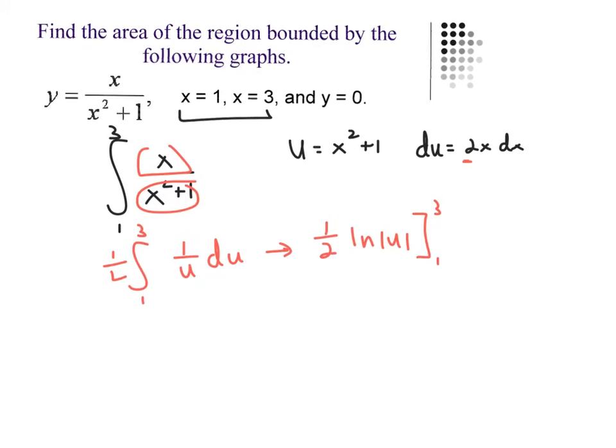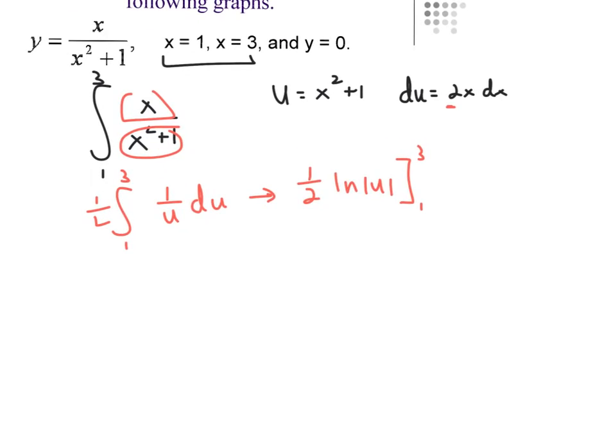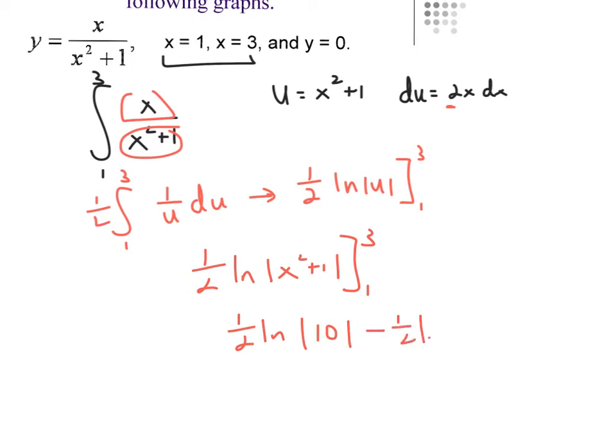Now I can substitute U back in, so I get 1/2 ln absolute value of x squared plus 1 between 1 and 3, substitute the 3 and the 1 and subtract. Okay, so 1/2 ln of 3 squared plus 1 is going to be 10 minus 1/2 ln of 1 squared plus 1 is 2.